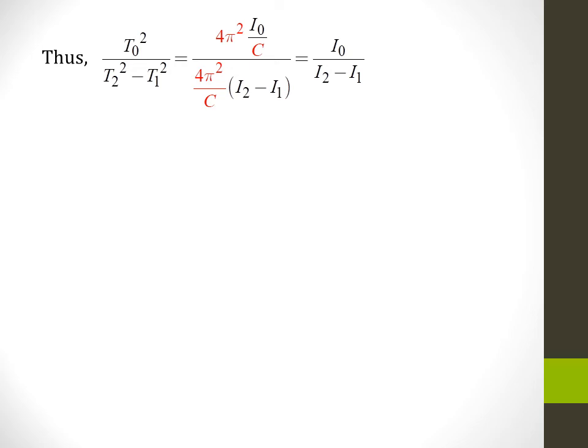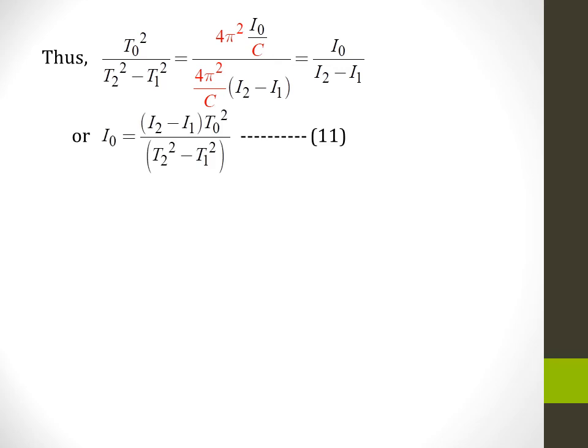Substituting equations 8, 9 and 10 in the expression T0 square divided by T2 square minus T1 square, we obtain this equation here. Then we take out the common term 4 pi square by C in the denominator and cancel it with the 4 pi square by C in the numerator, and we obtain T0 square by T2 square minus T1 square to be I0 divided by I2 minus I1.